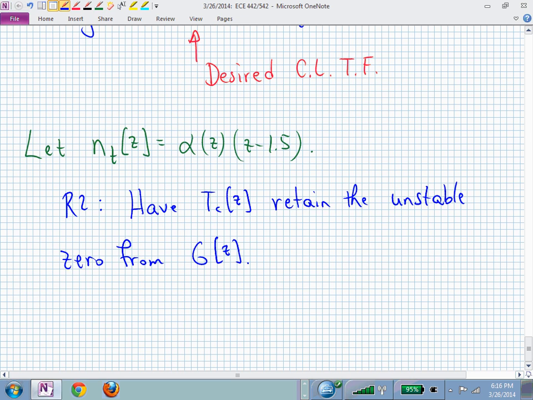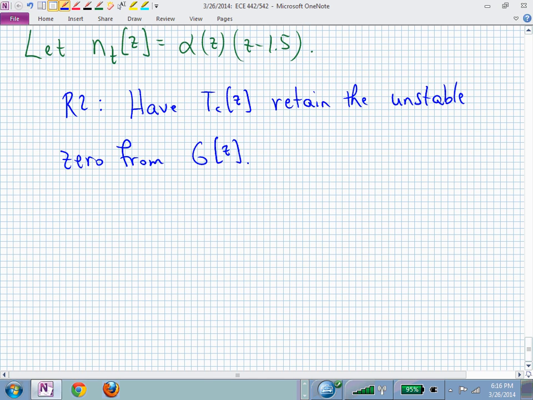Do you remember what that meant? This was a good use of the word deadbeat, actually. All the poles are at the origin. All right, so let's just write that down. Let's just suppose, because nobody told us any different. They didn't tell us anything about the transient behavior.